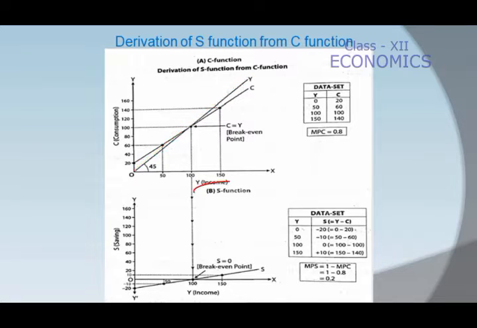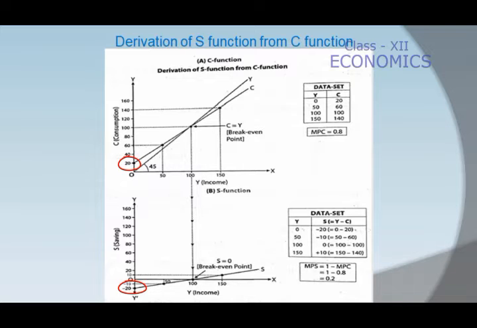In the S function curve, we have given the S line, that is the saving curve. When we focus on this diagram, we can see that the S line starts from the point which indicates the value of S bar, and the value of S bar is equal to the value of C bar, but with a negative sign. Thus the S line starts from minus 20 because the C line starts from plus 20.